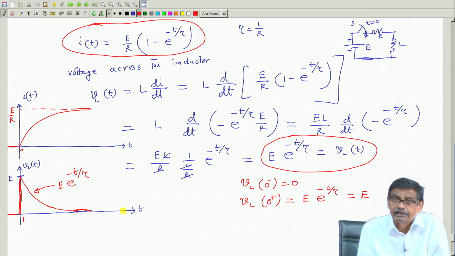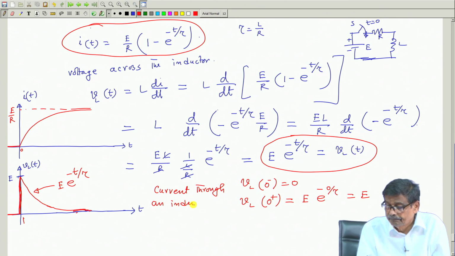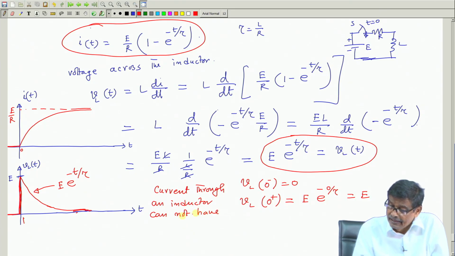That is what is expected, but the voltage across the inductor can have a step jump. So, the conclusion is that current through an inductor cannot have a step jump.